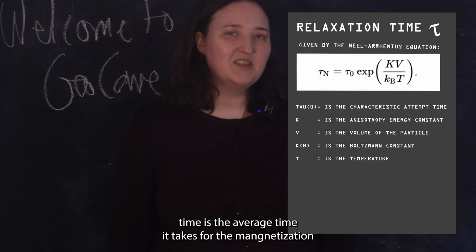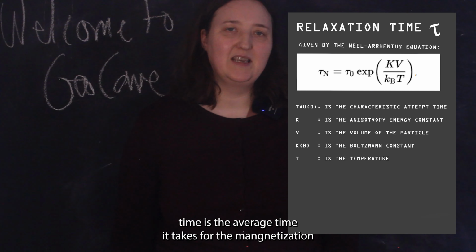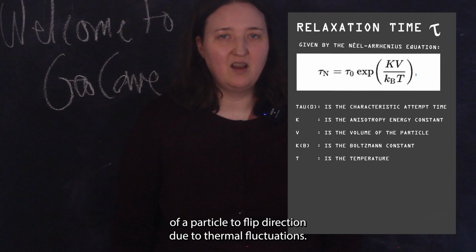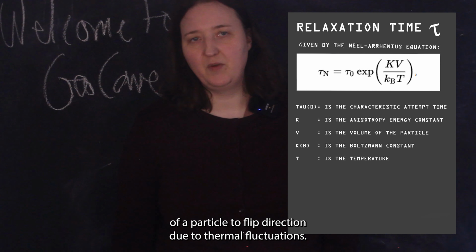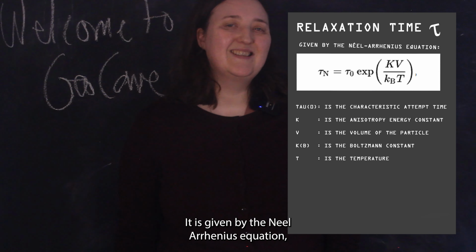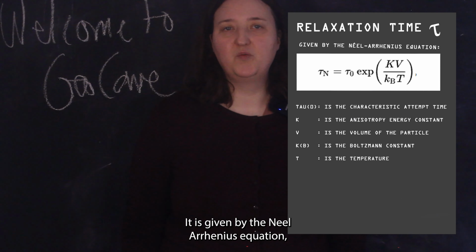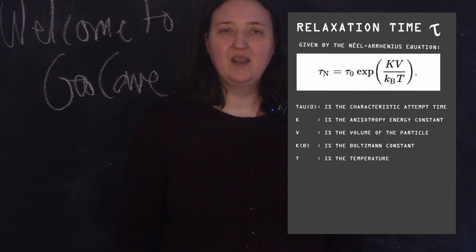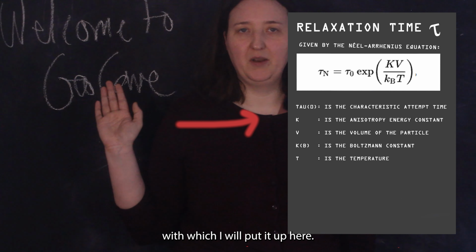The relaxation time is the average time it takes for the magnetization of a particle to flip direction due to thermal fluctuations. It is given by the Neel-Arrhenius equation, which I will put up here.